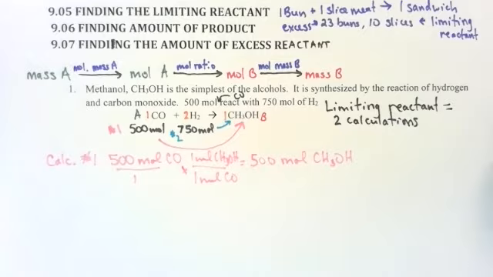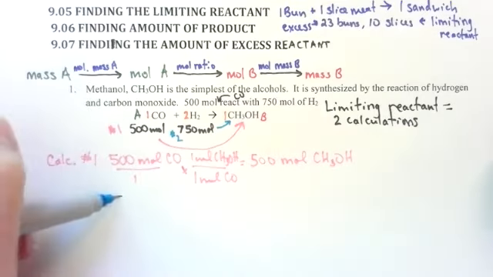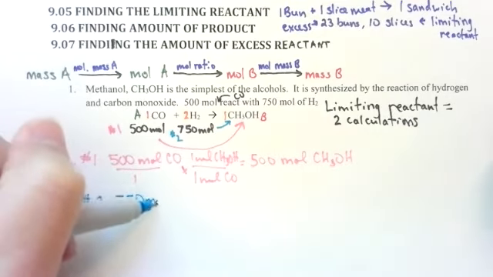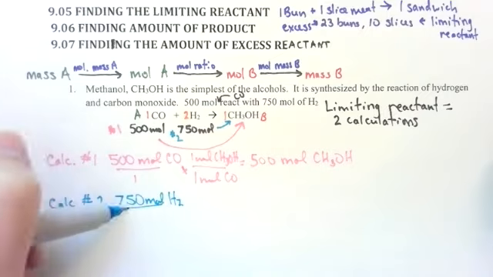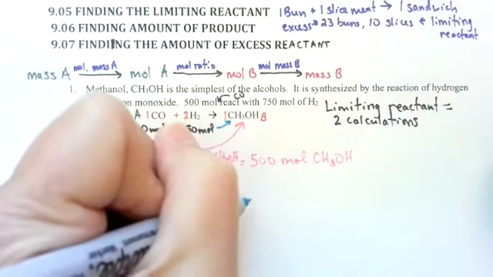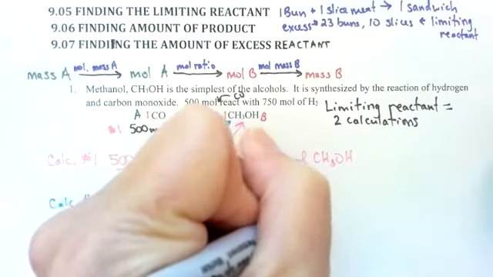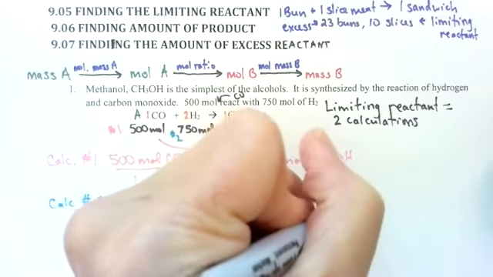All right, let's do this again, but let's do calculation number 2. This time I'm starting with 750 moles of H2. I'm going to put that over 1, and I'm still going to moles of CH3OH.